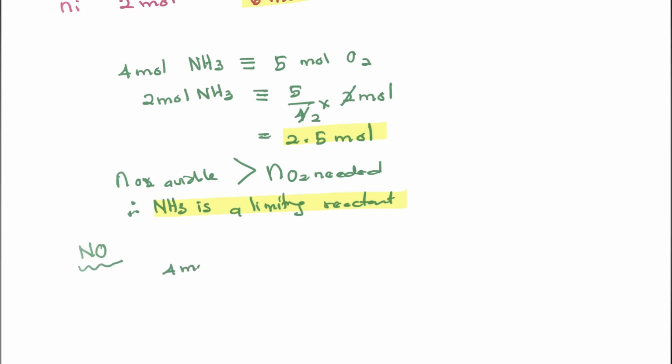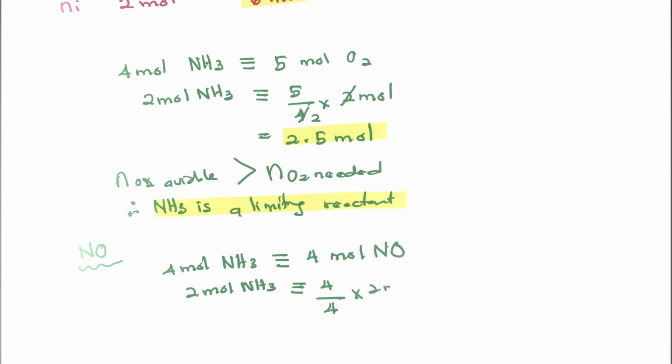For mole of ammonia, our comparison is with ammonia, because ammonia is a limiting reactant. 4 mole ammonia gives 4 mole nitrogen monoxide. If we have 2 mole of ammonia, meaning that we have also 2 mole nitrogen monoxide.